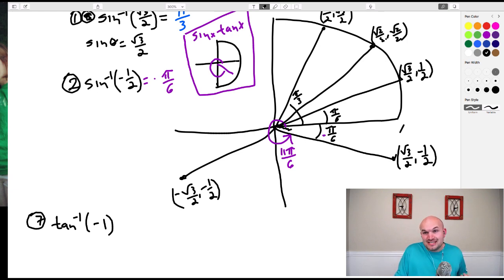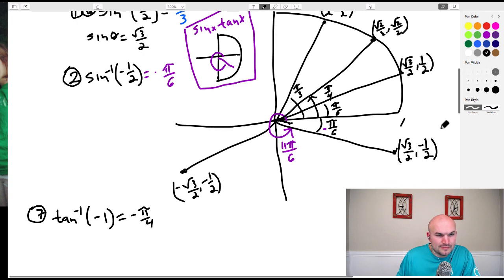Tangent is only negative in the second and the fourth quadrant. Based on my restrictions, I need to find the angle that's in the fourth quadrant, and I can't go outside like this. So therefore, if positive pi over 4 gives me positive 1, that means negative pi over 4 is going to give me -1. So that's going to be negative pi over 4.